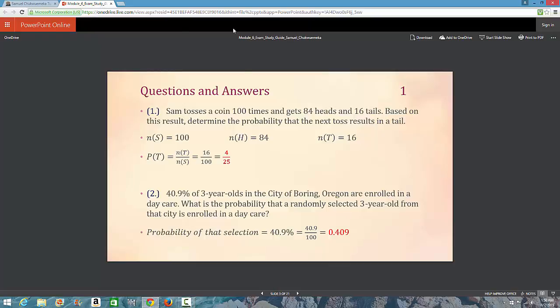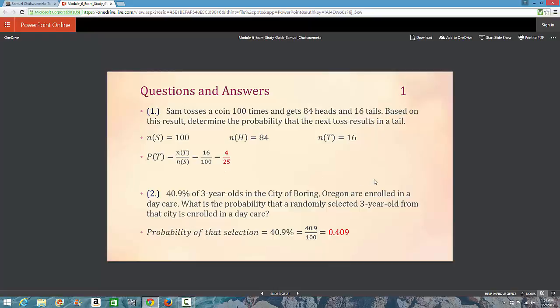So in this case, we look at the sample space, which is 100, and the cardinality of getting heads is 84. The cardinality of the tails is 16. So the probability of getting a tail is 16 out of 100, and you simplify the fraction to get 4 out of 25.